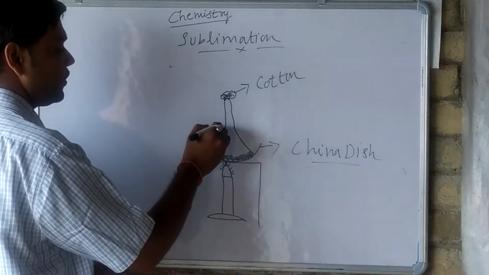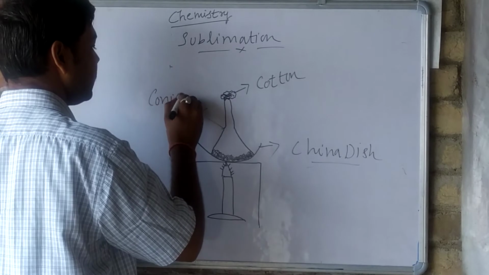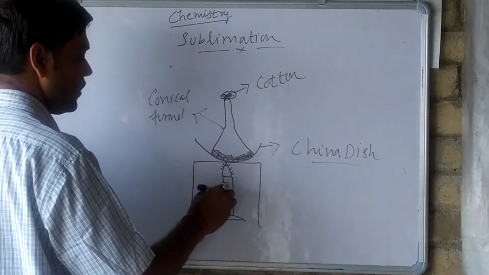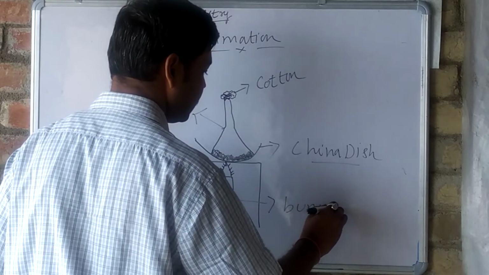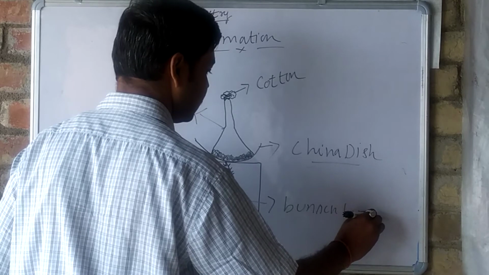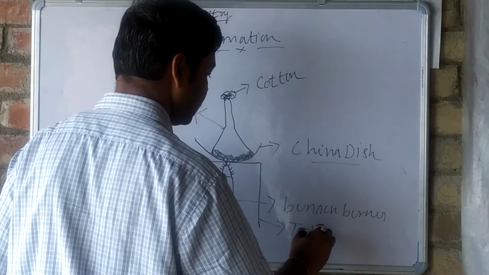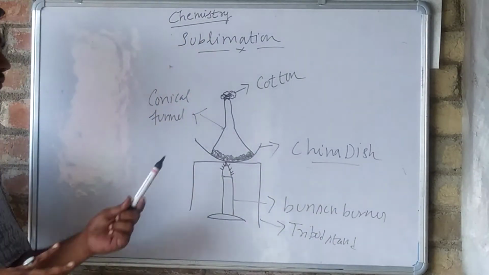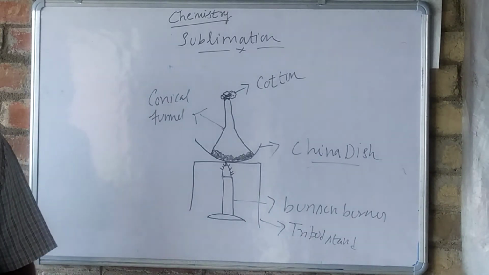This is a conical funnel. You all know that this is a Bunsen burner, and this is a tripod stand. So this is the whole setup of sublimation.